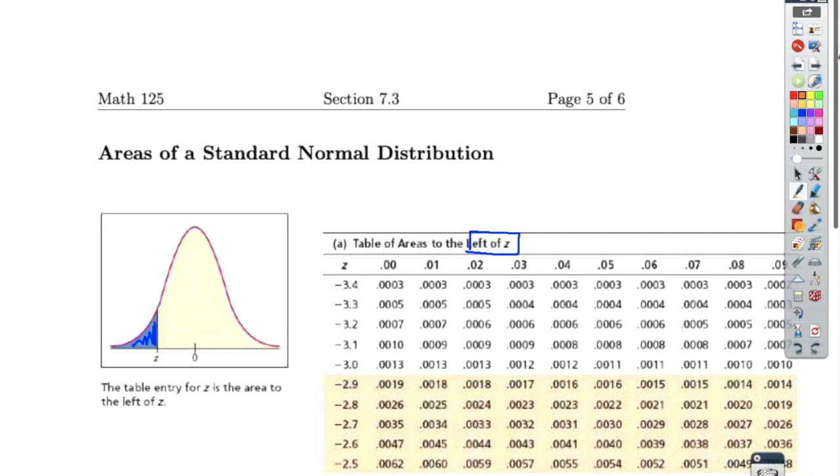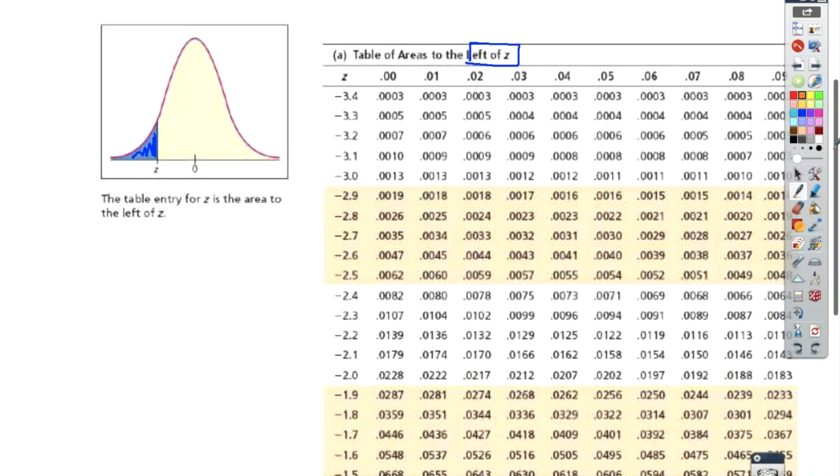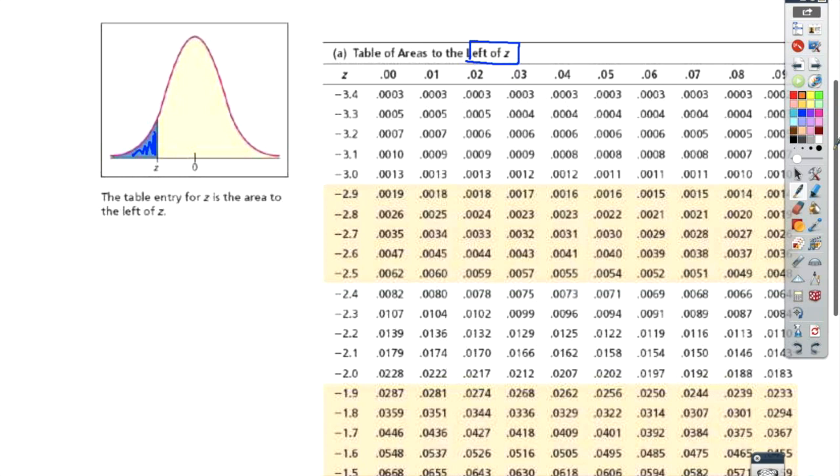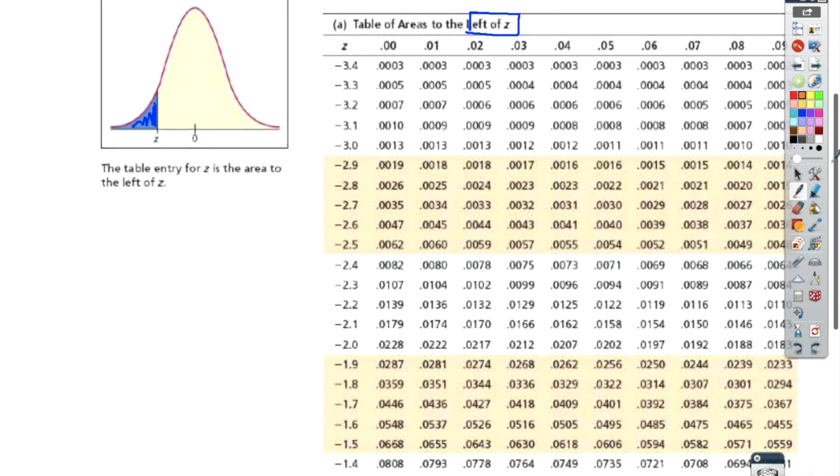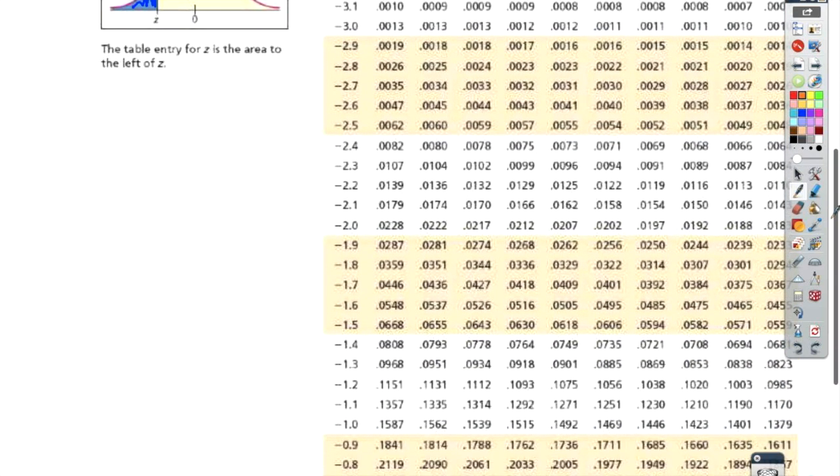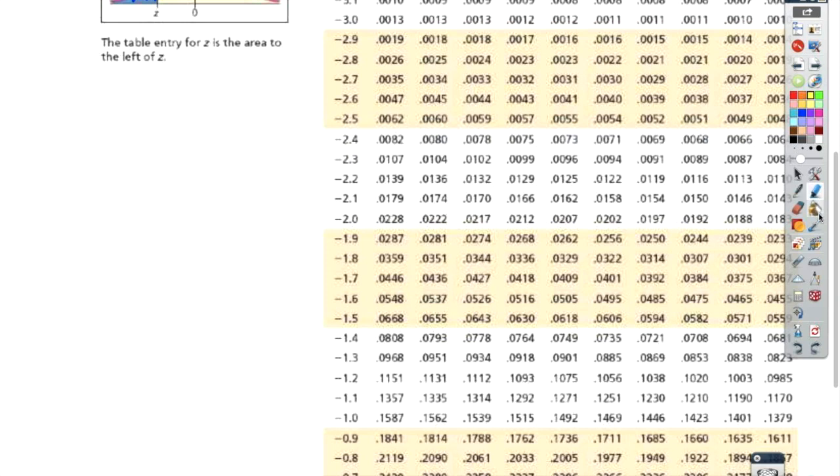Okay, so walking over here to the table, back of your packet, notice that these decimals are in increasing order. So here's 0.00, scroll down, 0.01, and then 0.02, and 0.03, and 0.04, and we're looking for closest to 0.07. So we're going to have to Goldilocks this a little bit.